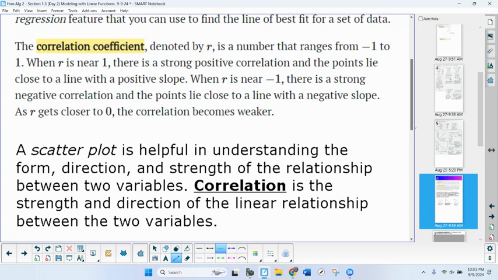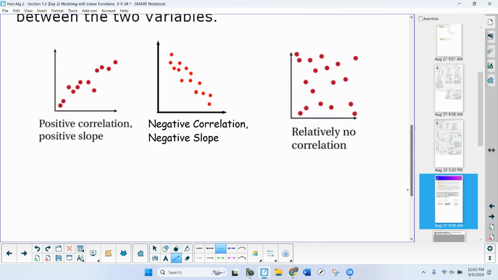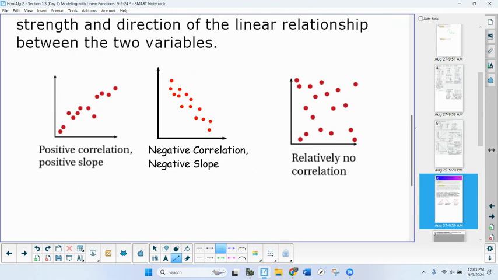The correlation coefficient is denoted by the letter R and is a number that ranges from -1 to 1. So basically, if I have this one, it would be close to +1, maybe 0.9. This one would be maybe -0.9. And this one would be very close to 0 because they're all scattered about.